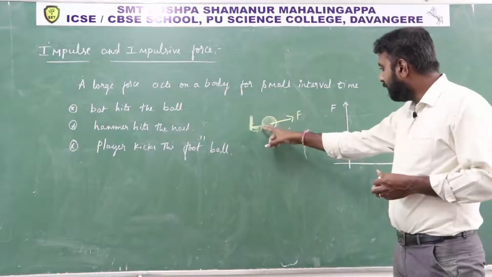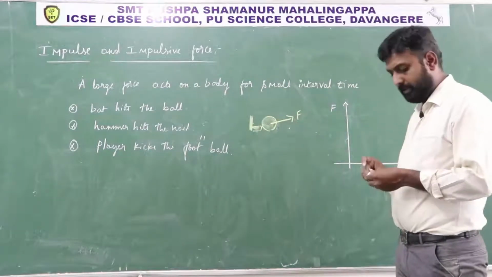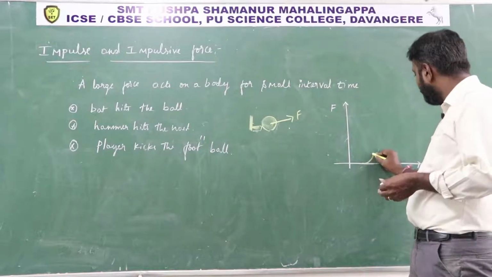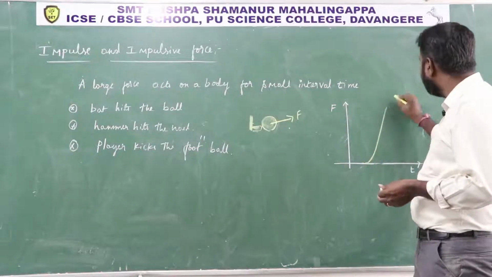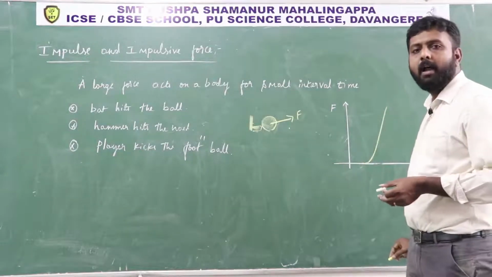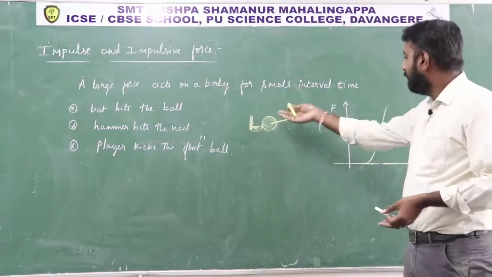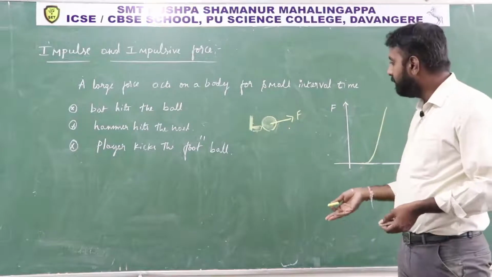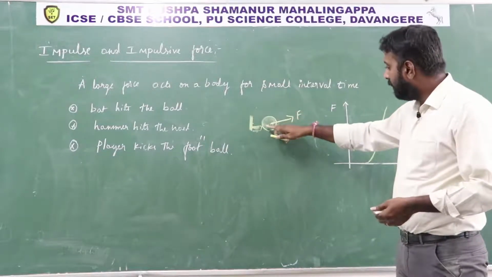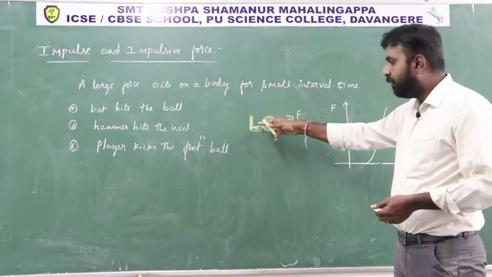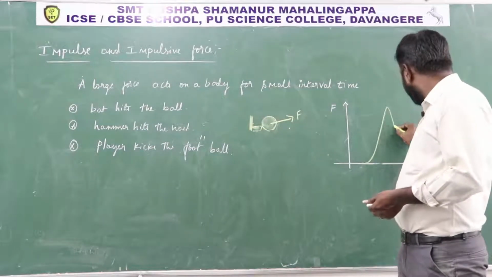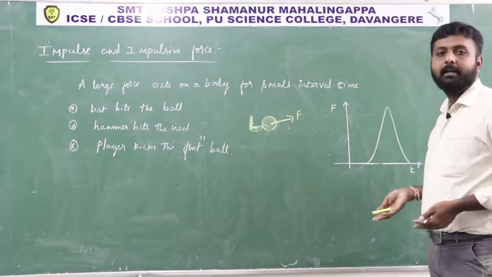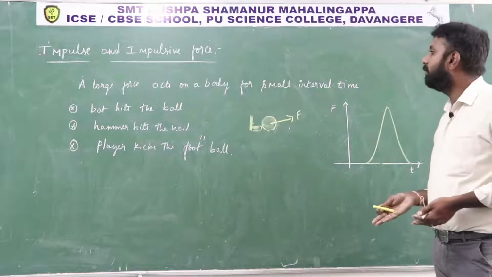When the foot comes into contact, suddenly the force increases, and this force will last until it loses the contact. That means as soon as the ball leaves the foot, suddenly the force will become 0. So in this way we will get the graph for impulsive force.